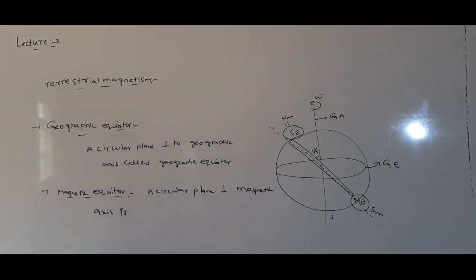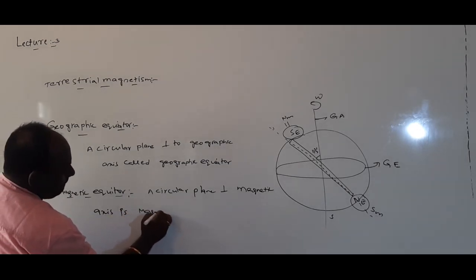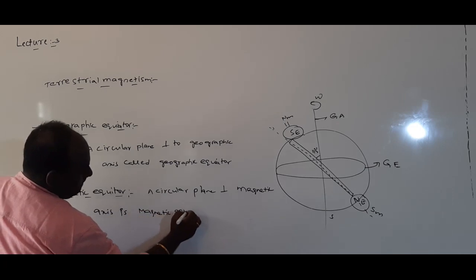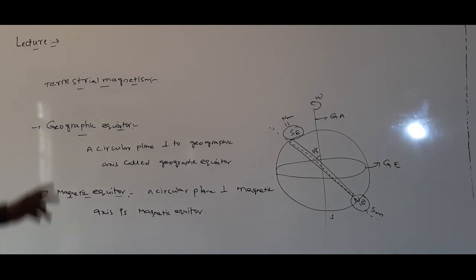A circular plane perpendicular to the magnetic axis is called the magnetic equator. We don't have much more about equators.